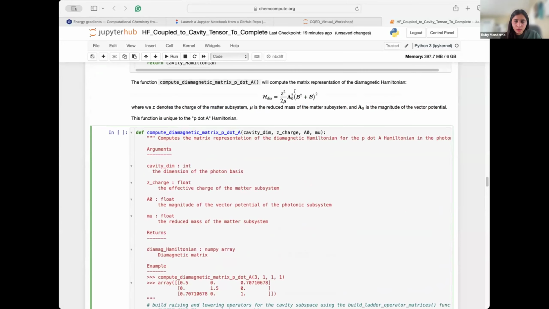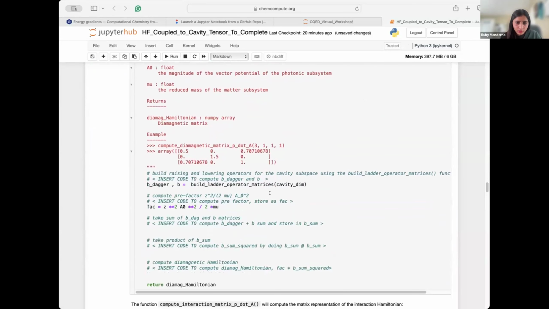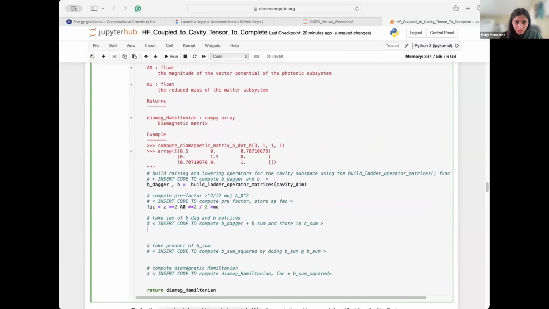Now for this equation we need to add the b dagger and b, and that's what we'll do in the next line of the code. So we will simply add b dagger and b and store it as b underscore sum. So we have b dagger plus b.